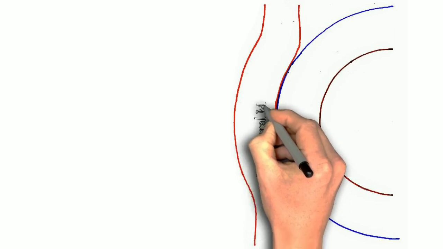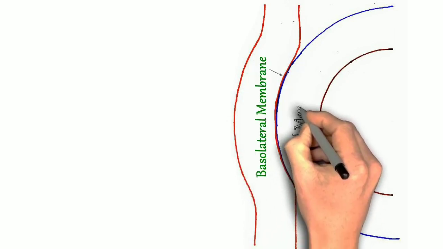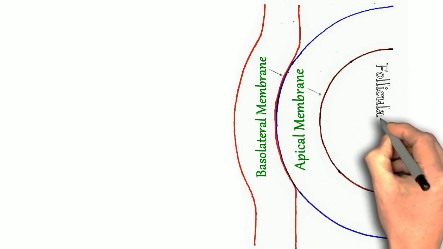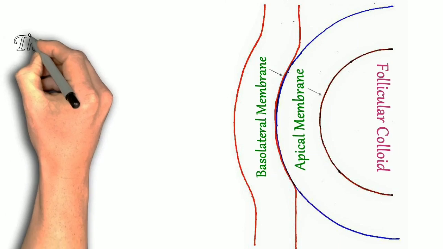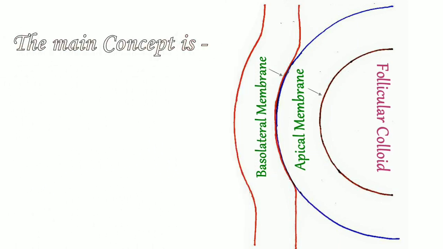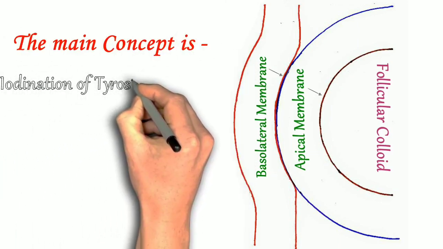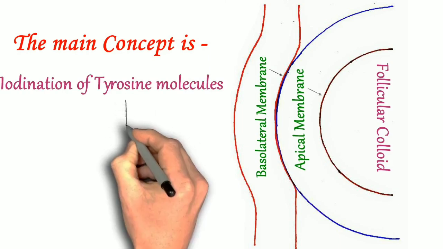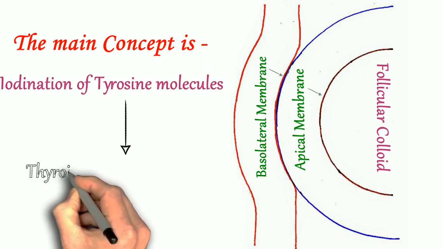This diagram is a zoomed view of one thyroid follicular cell with its basolateral membrane and apical membrane, and this is the follicular colloid part. Look, the main concept is iodination of the tyrosine molecule that leads to the synthesis of thyroid hormones.